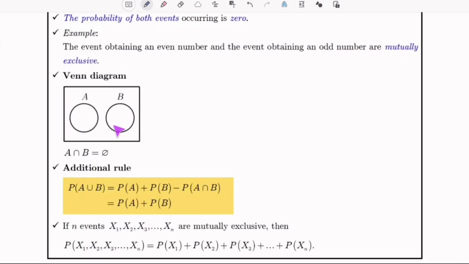Let's take a look at the Venn diagram, A and B. It is obvious that there is no intersection between A and B, and we can say that A intersect B is equal to the empty set.